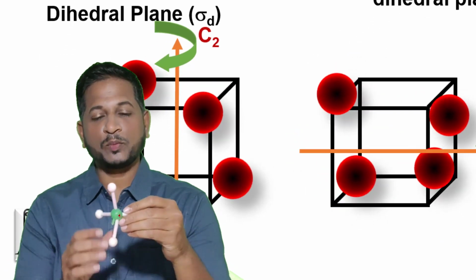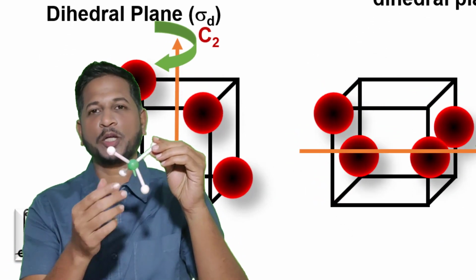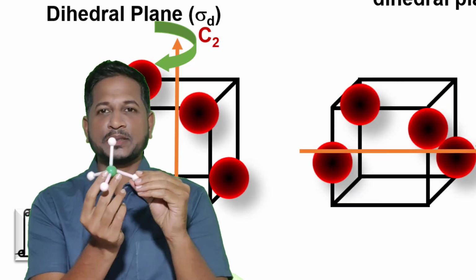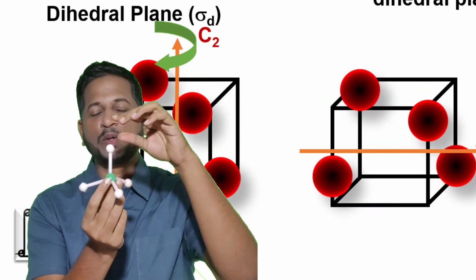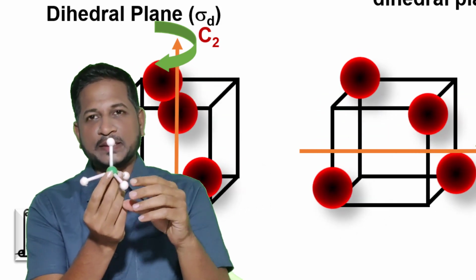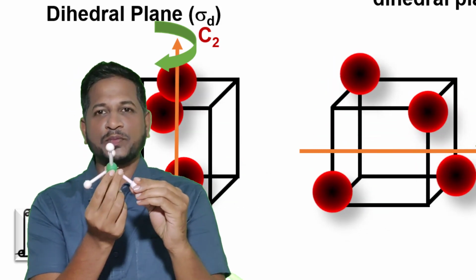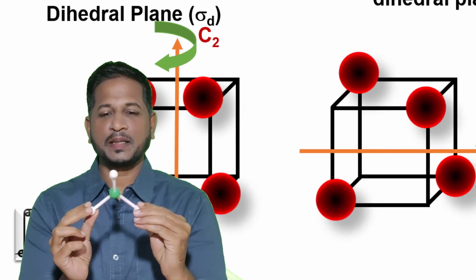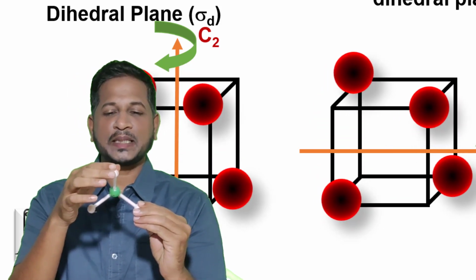For example, when we squeeze the allene molecule to methane molecule, the methane molecule is a tetrahedral molecule with these 3 hydrogen atoms down and 1 hydrogen atom at the top. So this can be imagined in this way also. So there are 2 hydrogen atoms in one plane, and these are the 2 hydrogen atoms in another plane.